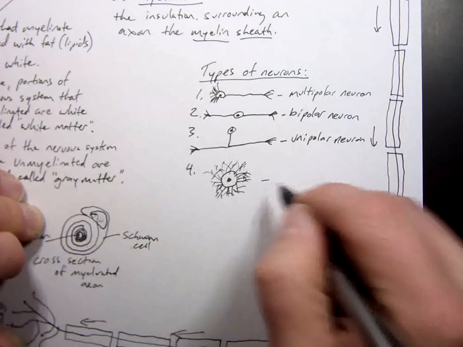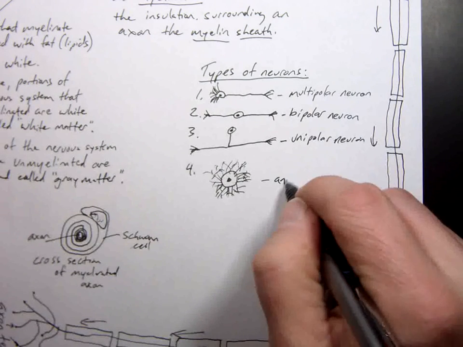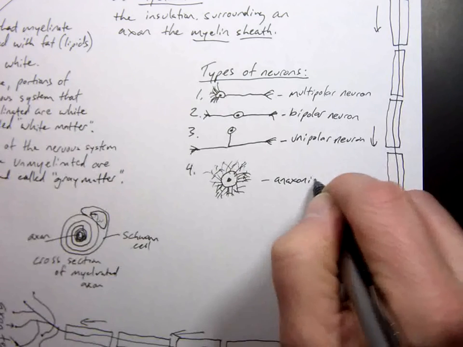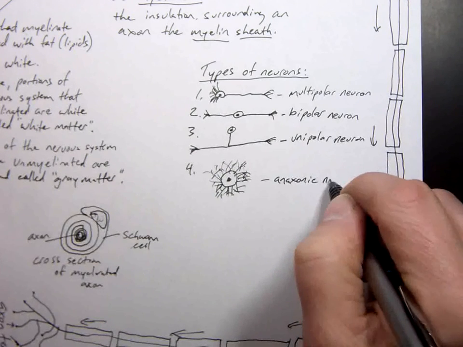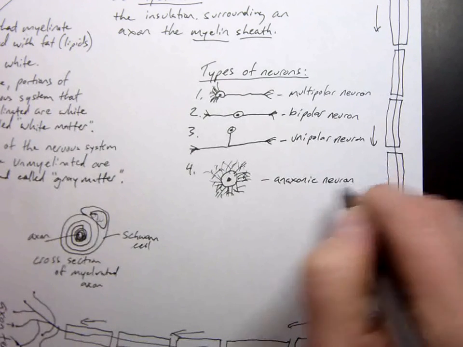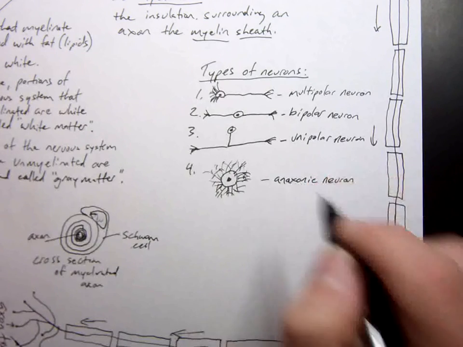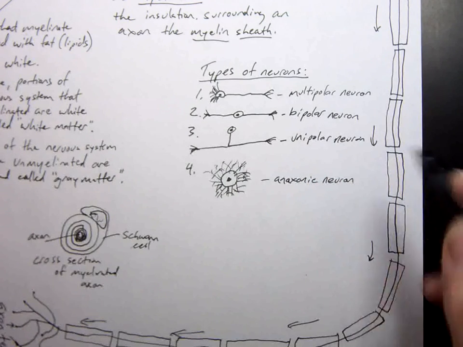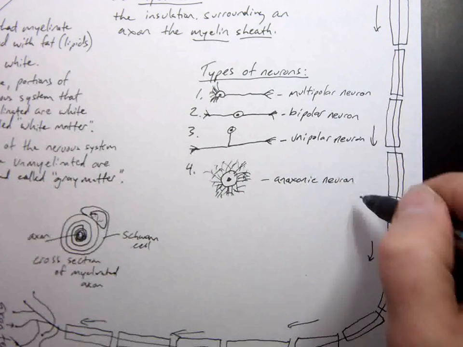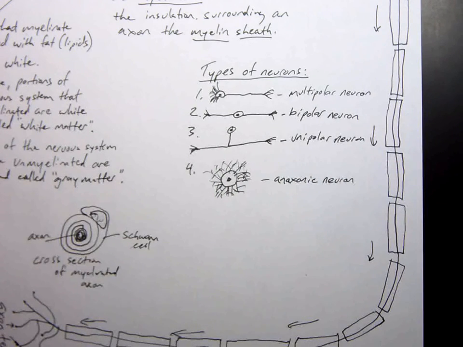So this one is called an anaxonic neuron. Like anaerobic, without oxygen in that case. Anaxonic, it has no axon. So that will do it for today.